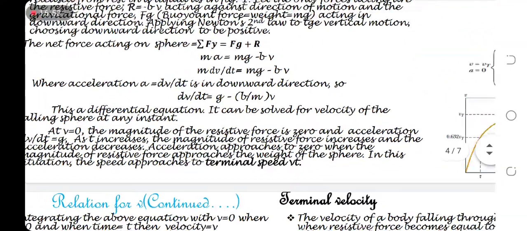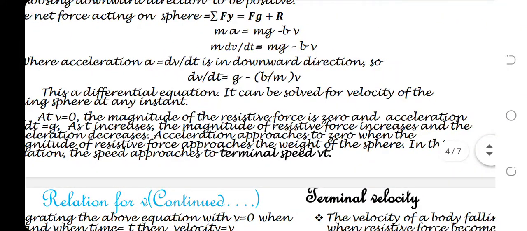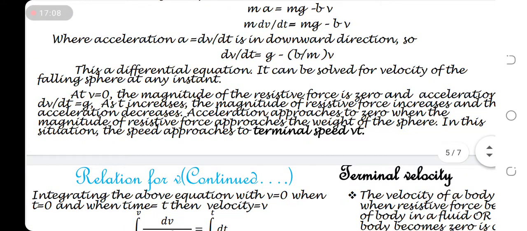So we say when v equal to 0, putting into the above equation, the magnitude of resistive force is 0 and the acceleration dv over dt would be equal to g. As time increases, the magnitude of resistive force increases and approaches the weight of the sphere.